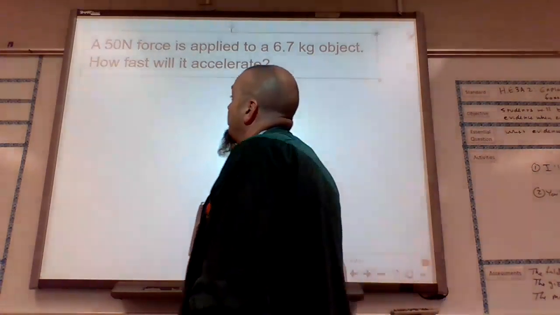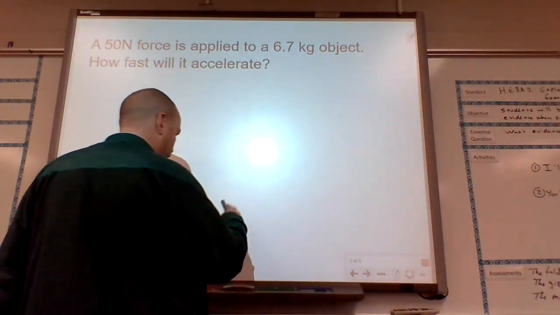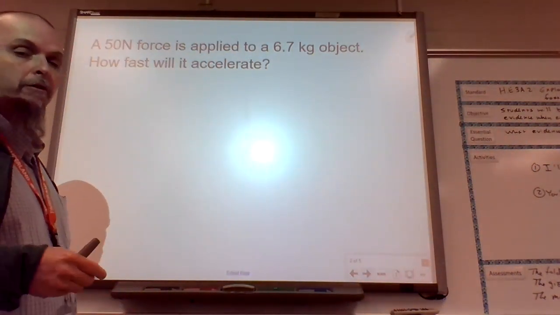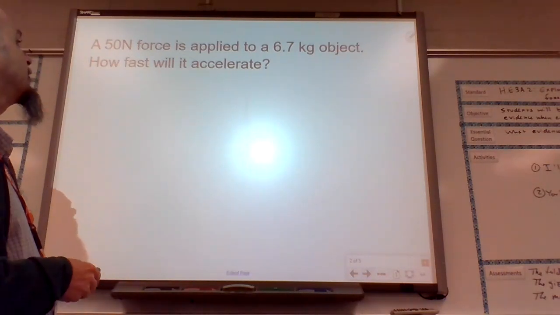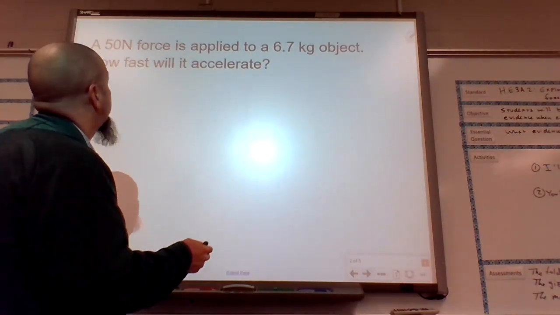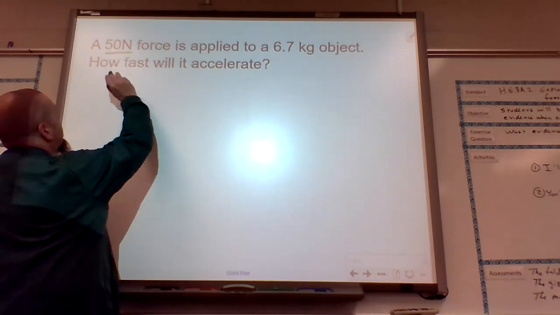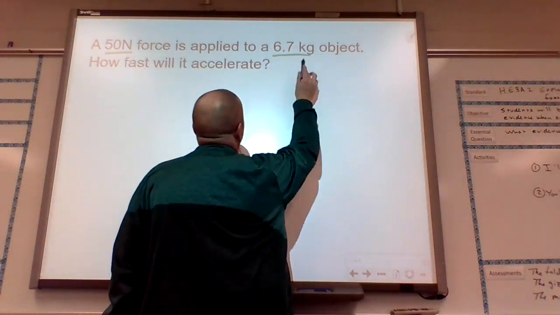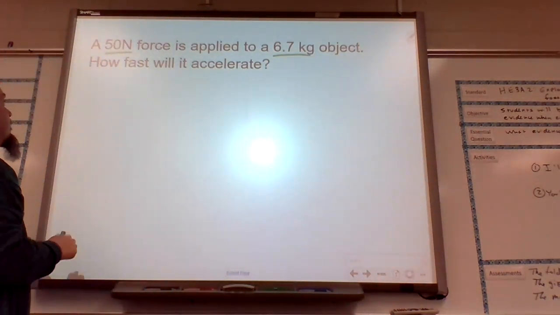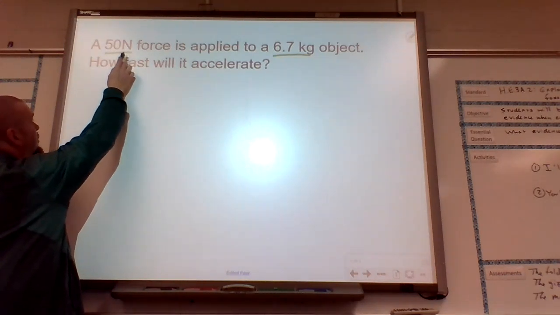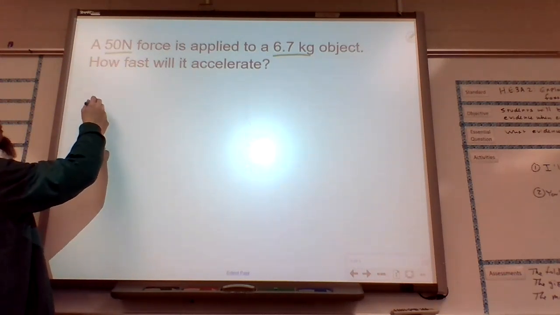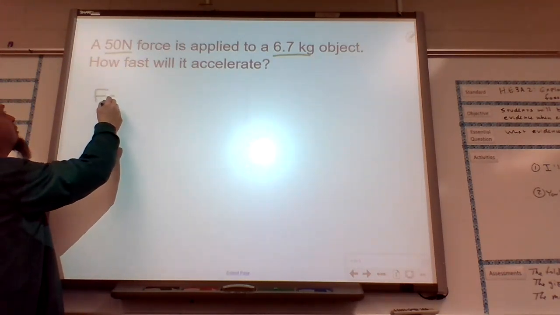For the math, we have to be able to apply the same old problem-solving process that we've always used. First thing we're going to have to do is figure out what these numbers are, the 50 newtons and the 6.7 kilograms. As I mentioned just a few minutes ago, newtons would be a measure of force.